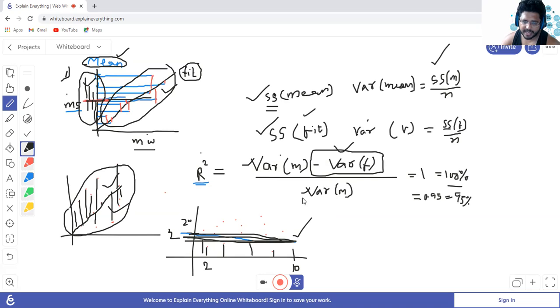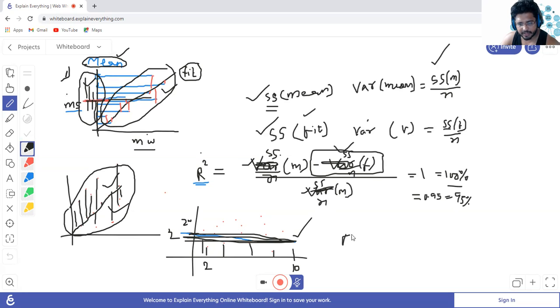Now, one thing is that we all know that variance is equal to SS by n. So here, instead of var, I can write SS by n. Here also I can write SS by n, and here also I can write SS by n.